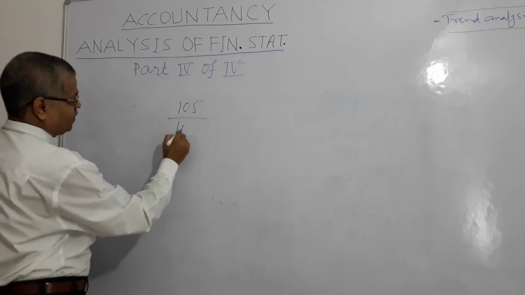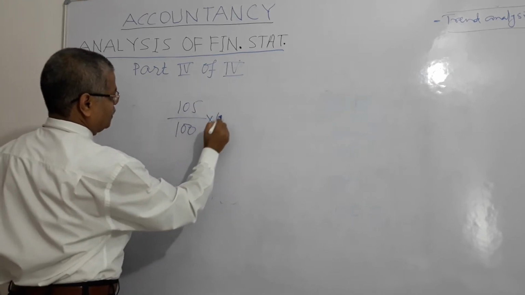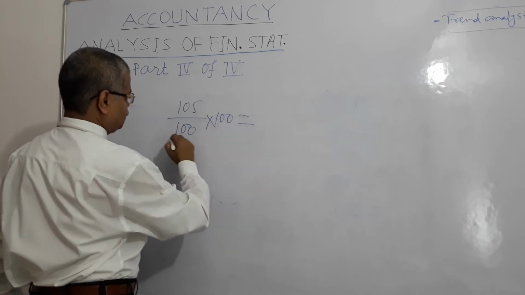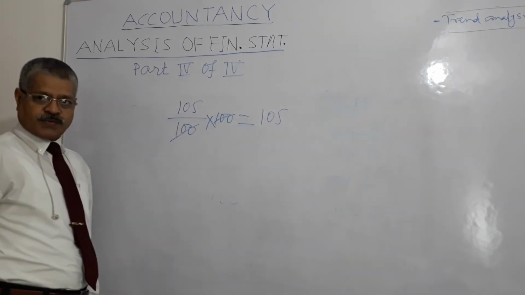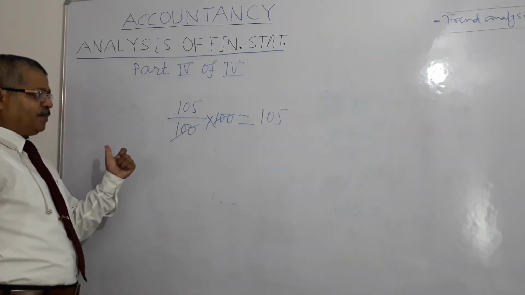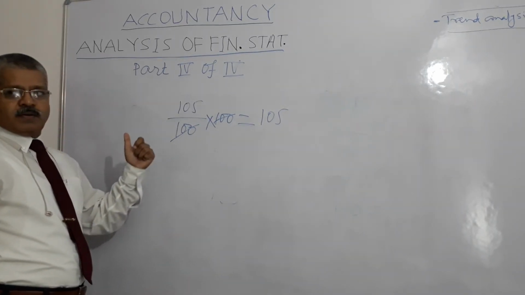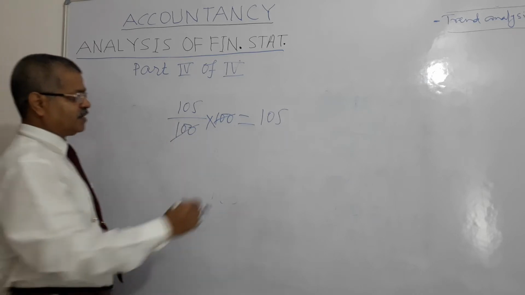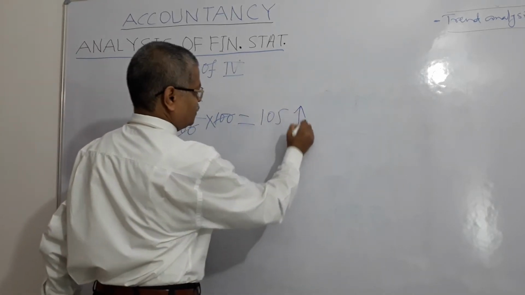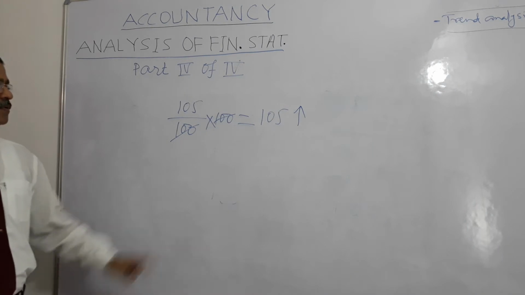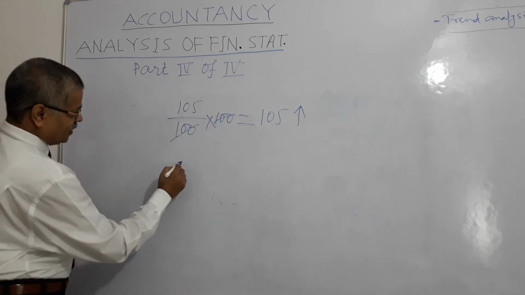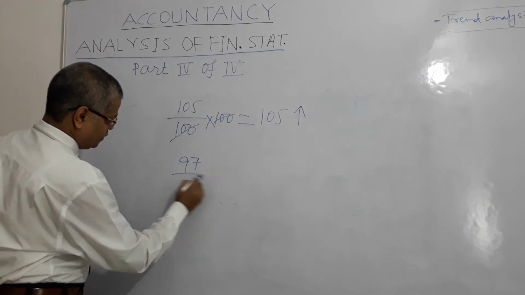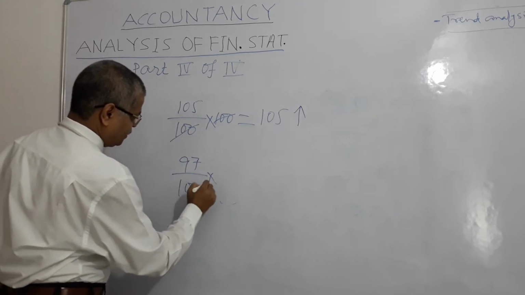What is the base year value? 100. So in respect of the base year, the present year value is 105 vis-a-vis the base year of 100. Then we had taken another one, 97 upon base year into 100.